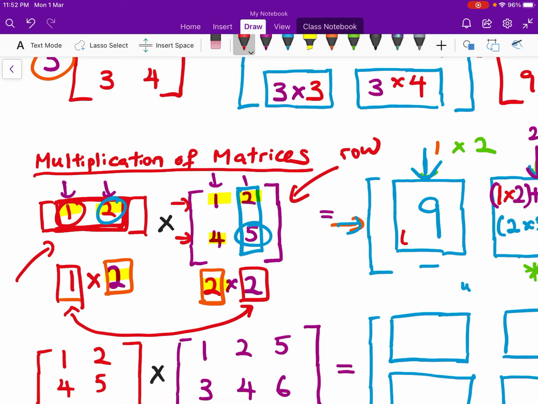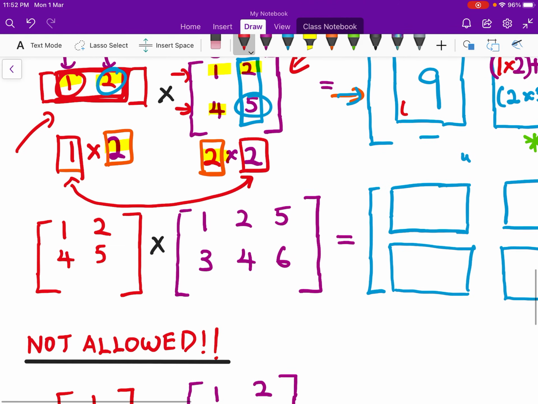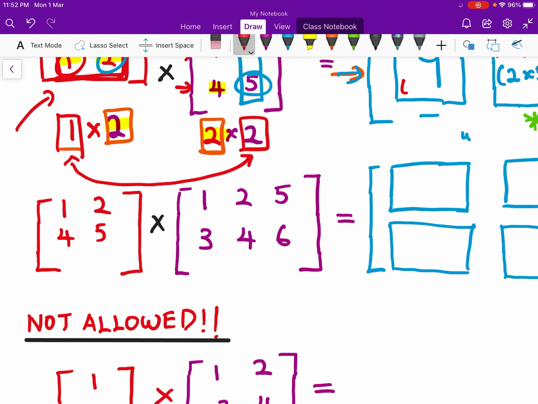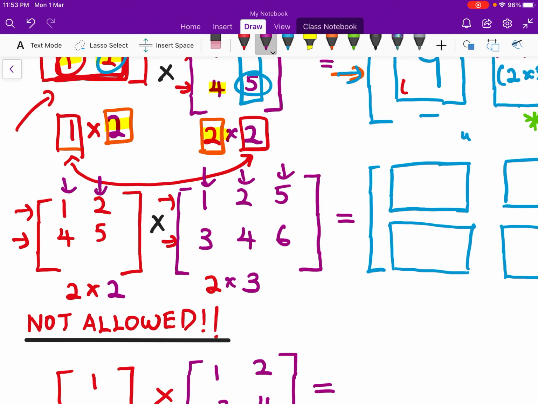So let us do another example. For the second example, we can see the first matrix is 2 rows times 2 columns. The purple matrix, the second matrix, is 2 rows and 3 columns.